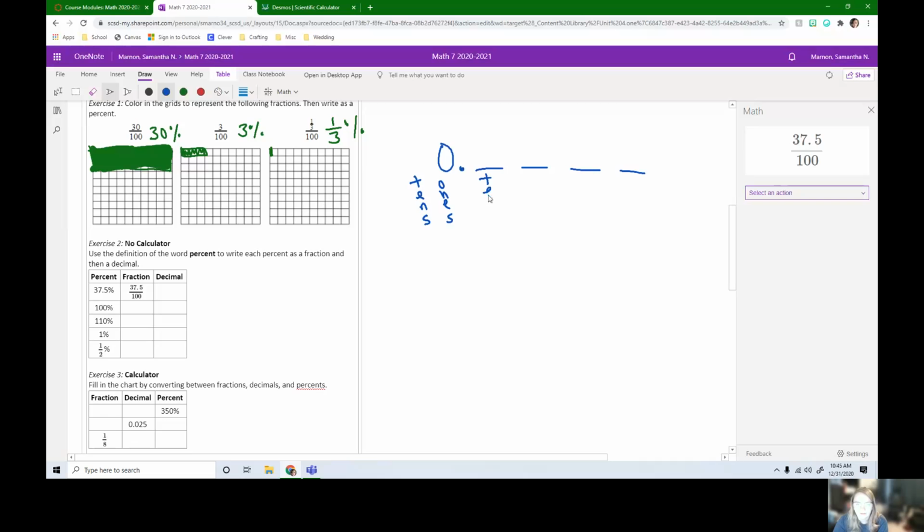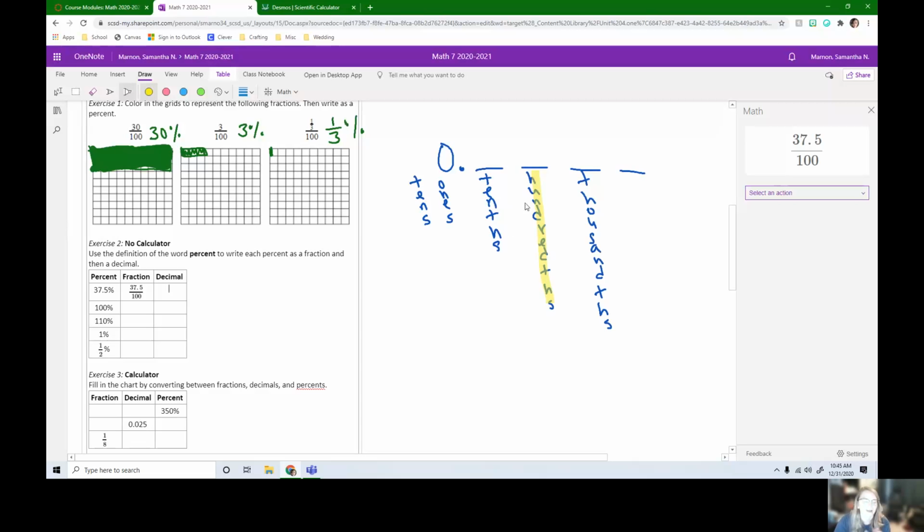We have tenths with the THS. Then we have hundredths. Then you have thousandths. And so on. But here's the important one, the hundredths.